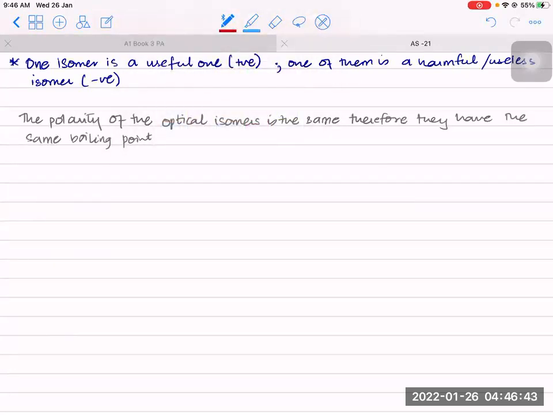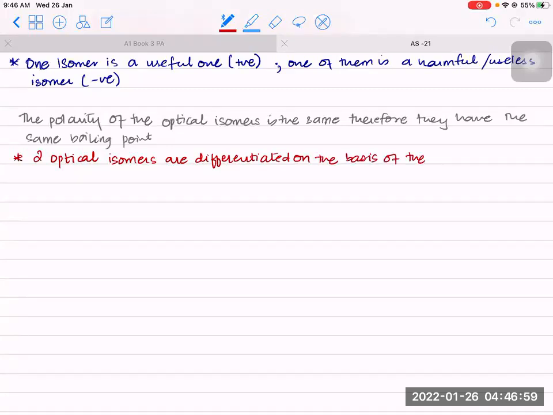The optical isomers are differentiated. So the two optical isomers are differentiated on the basis of the effect on polarized light.